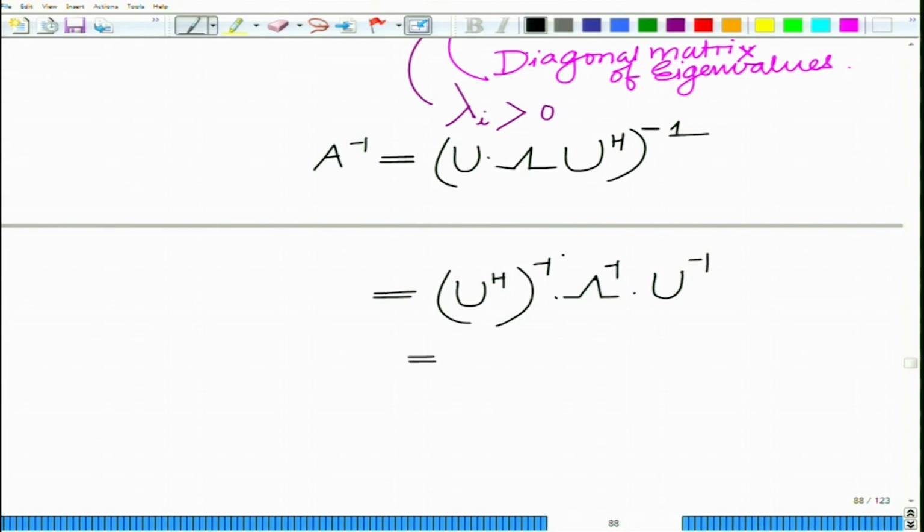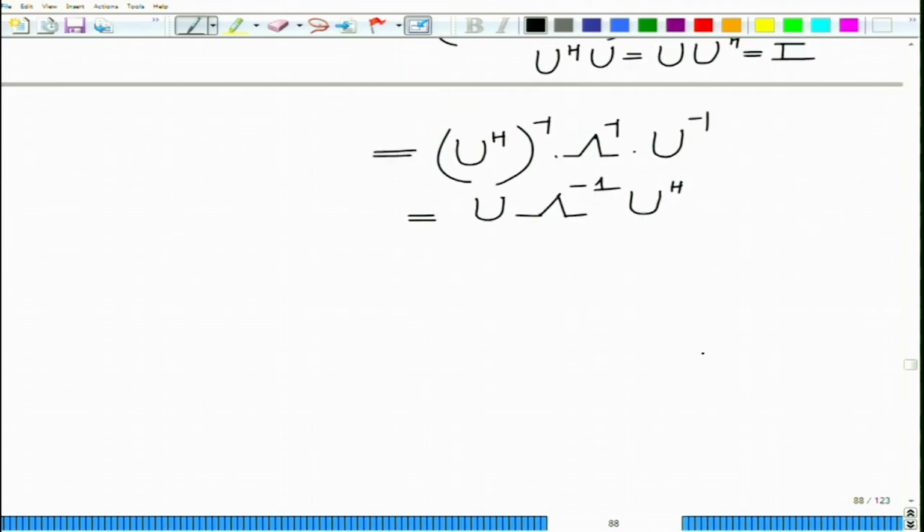But we have seen that U is a unitary matrix, which implies U Hermitian U equals identity, and U Hermitian equals U inverse. So, what this implies is that U Hermitian inverse is U itself, and U inverse is U Hermitian.